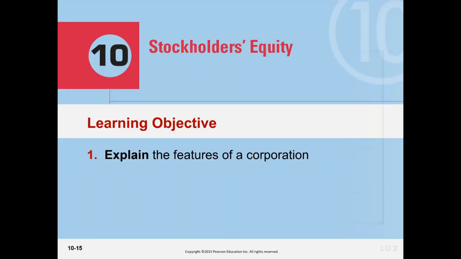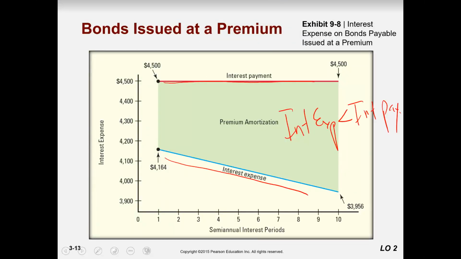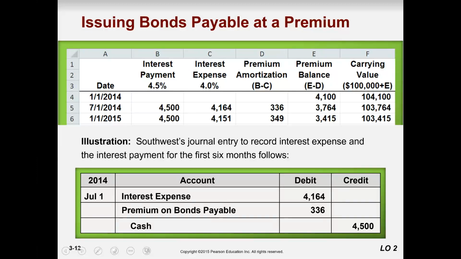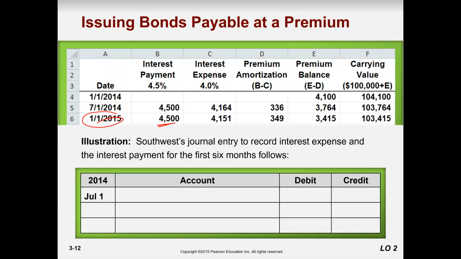And what about the last one? This entry. If we talk about this entry on 1st of January, because this expense belonged to 2014, but the payment is in 2015.